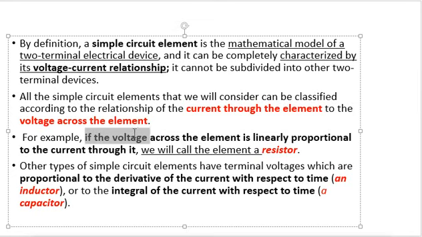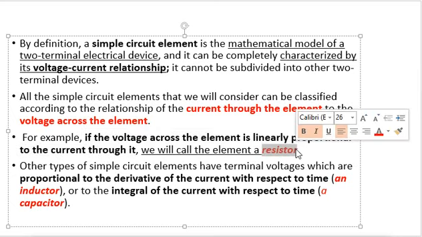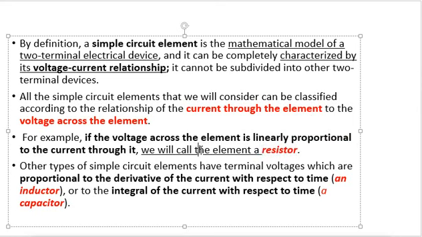An example of this relationship: if the voltage across the element, across, not through, is linearly proportional to the current, the circuit element with this voltage-current behavior is called a resistor. Please take note that chapter 2 is all about basic components in electric circuits. Those are the kinds of elements we will discuss.